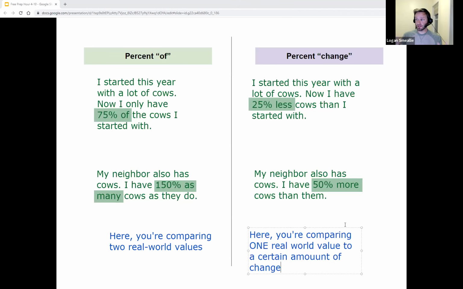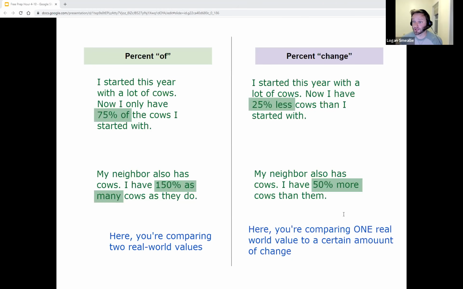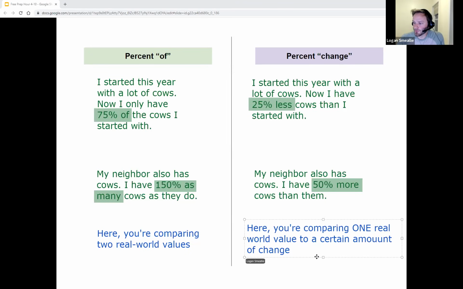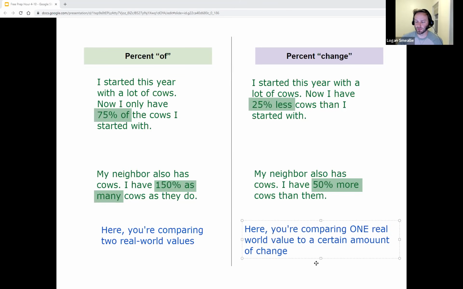And we see this sort of stuff out in the news all the time, talking about percentages of things going up and down or being a certain percentage of something else. So probably these topics will feel familiar, but it can help to really understand behind the scenes what's the difference. Comparing two real world values, comparing a value to a certain amount of change.